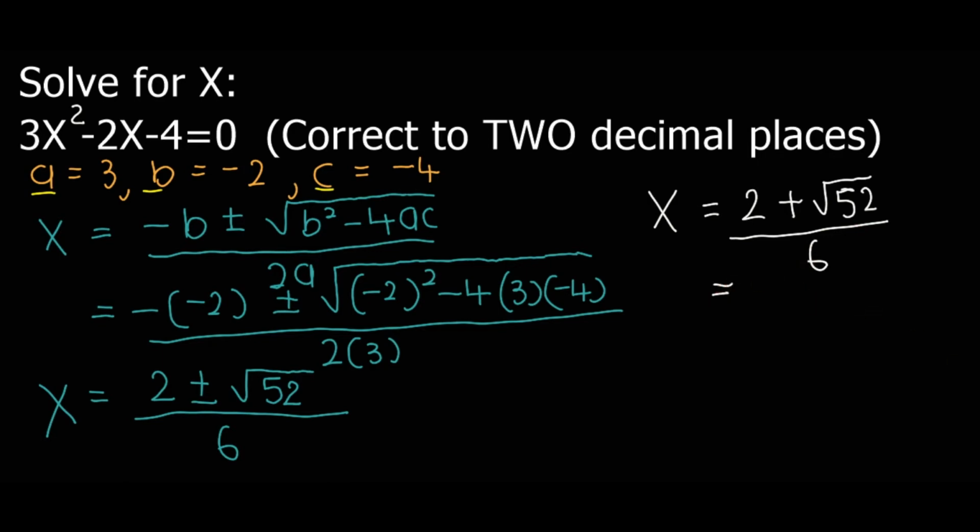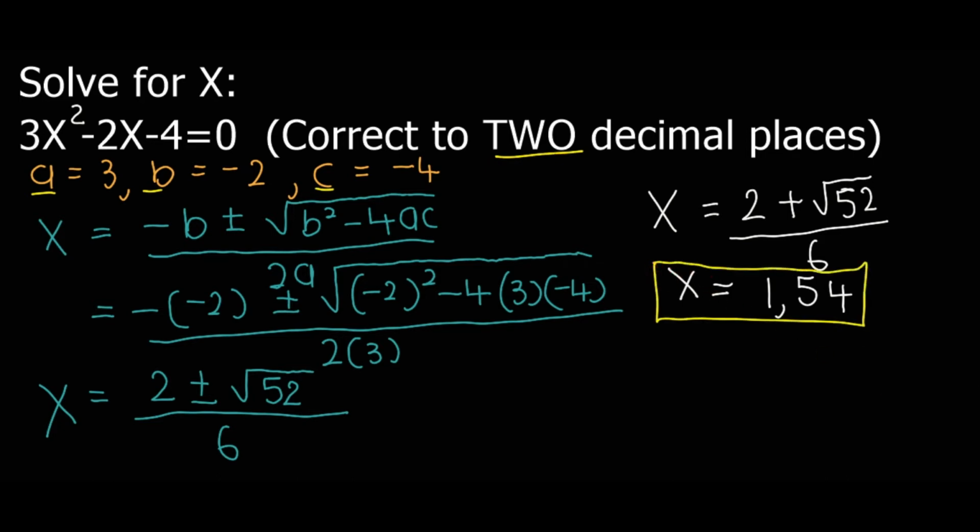So you will take the calculator and press everything, 2 plus √52 over 6, and then it will give 1 point something. So the final answer will be 1.54 because we round off to 2 decimal places. So this is our first answer.